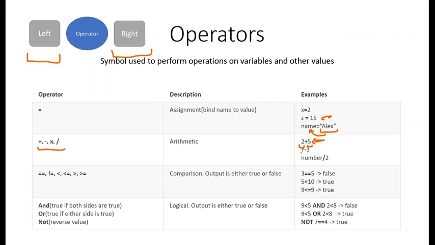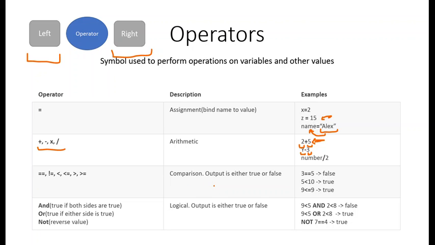Y minus 3, y is left, 3 is right, and the minus or subtraction sign is the operator. Number divided by 2. See, number is the left side, 2 is the right side, and the division is the operator.